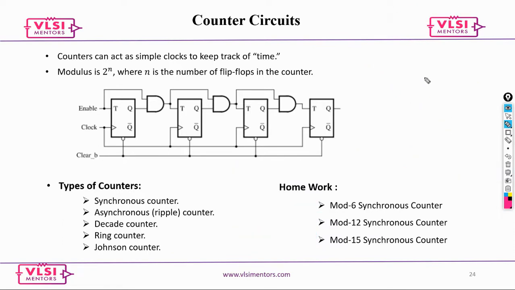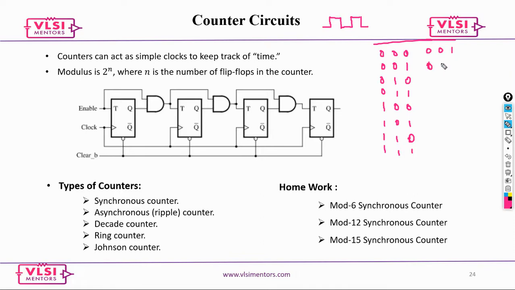Okay, let's talk about counters. Say, for example, 000. This is your current state. Now you get a pulse. What is going to be the next state? With one pulse, your 000 would become 001, then 010.